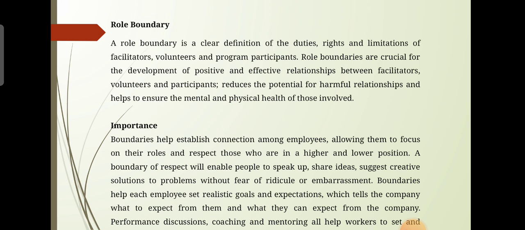And what is the importance of this role boundary? Boundaries usually help to establish a good connection among the employees, allowing them to focus on their roles and respect those who are in the higher and the lower grade. The boundary of respect will enable people to speak up, share their ideas and suggest creative solutions to problems without fear of ridicule or embarrassment.